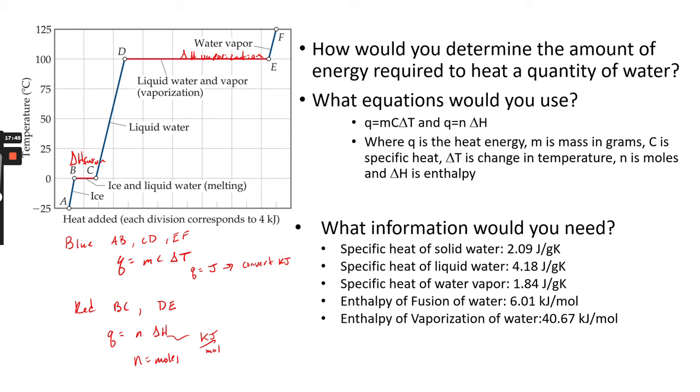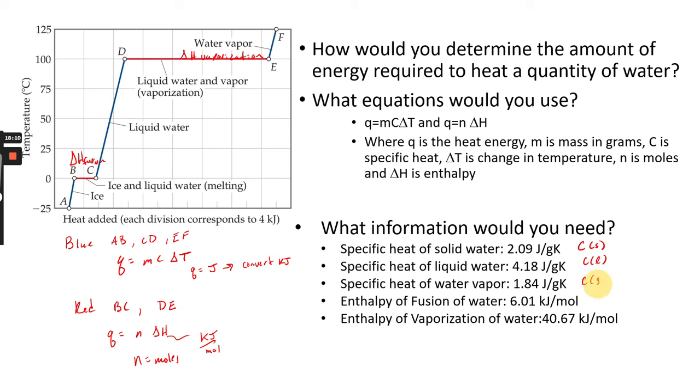And for water, each blue line here has a specific heat value that is different depending on the state. So your specific heat of the solid, so we'll call that C_s, is 2.09. Your specific heat of the liquid is 4.18.